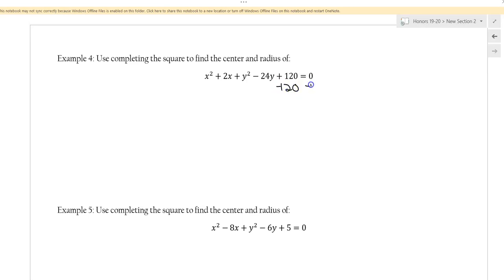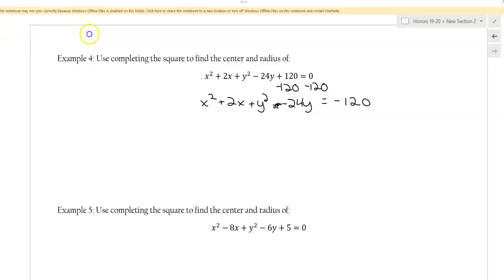Let's do minus 120 on both sides. So we have x squared plus 2x plus y squared minus 24y equals negative 120.